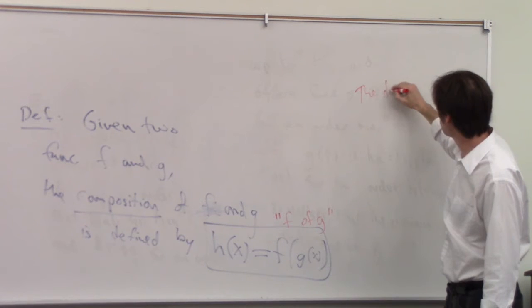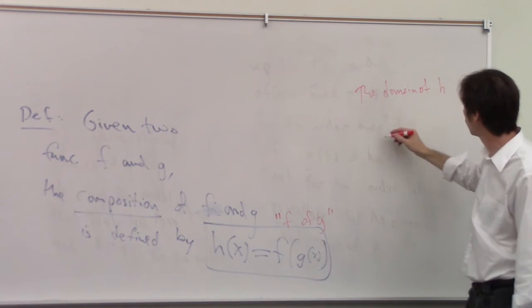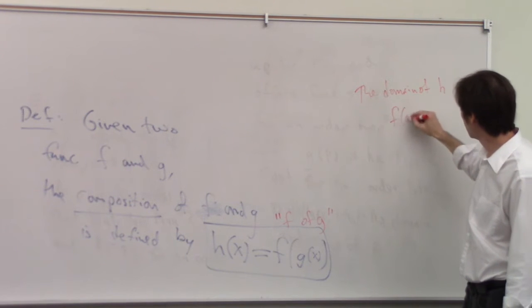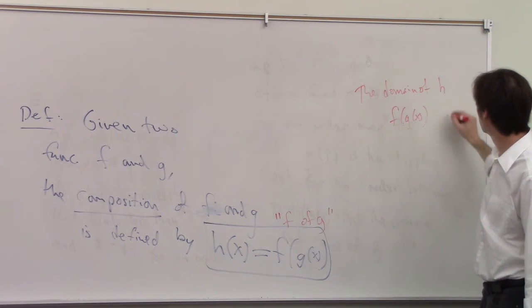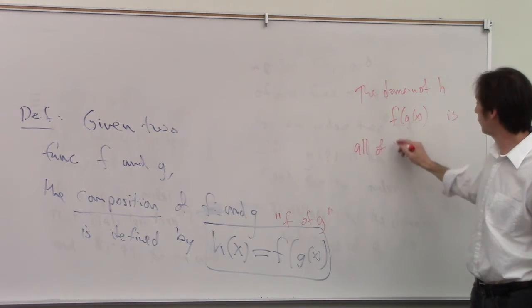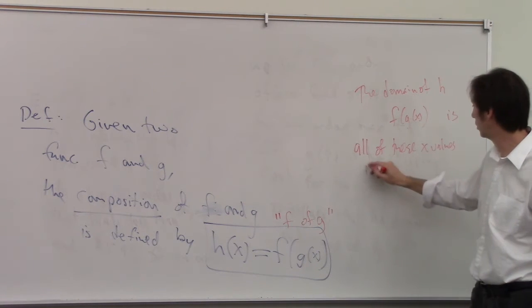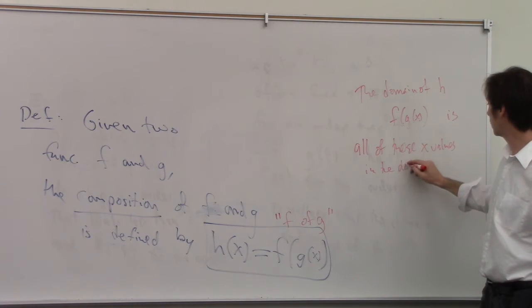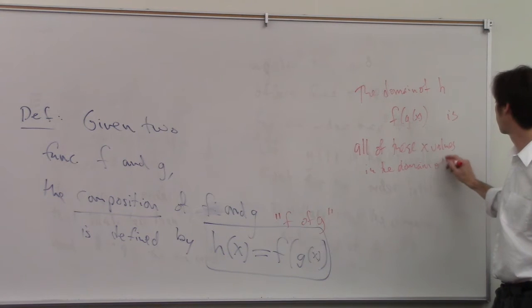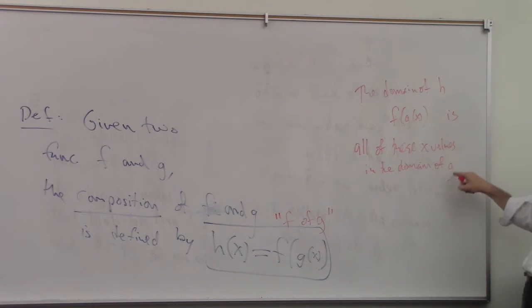The domain of h, in other words, f of g of x, is all of those x values in the domain of g, right? I need to be able to plug x into g first, and in order for that to happen, I need the x to be in the domain of g.